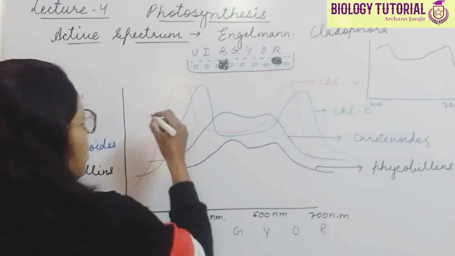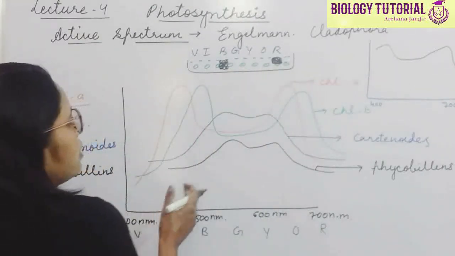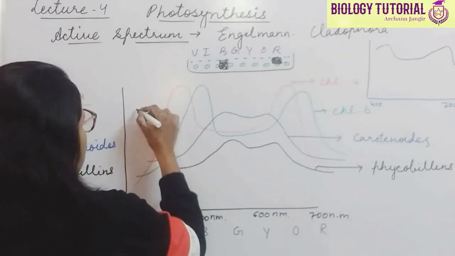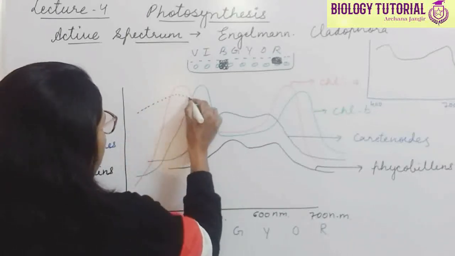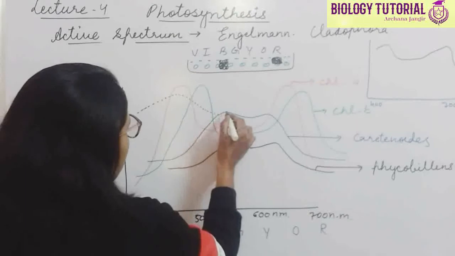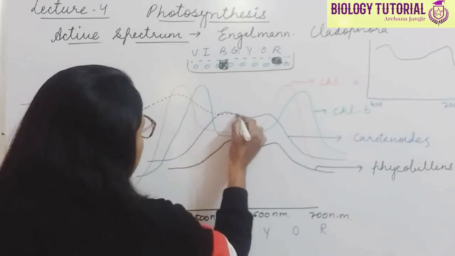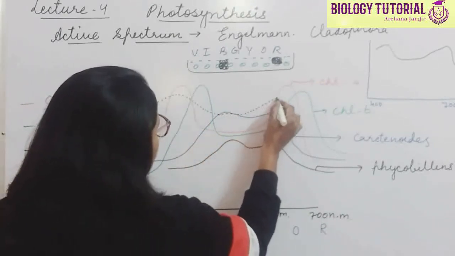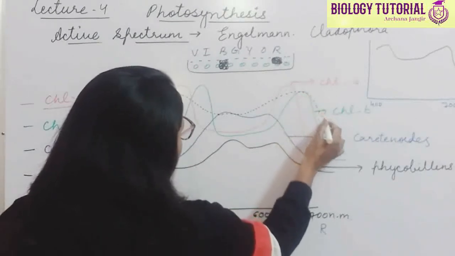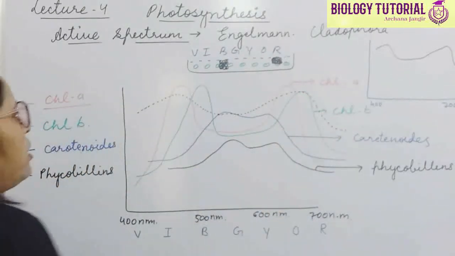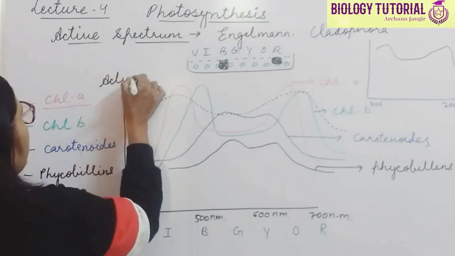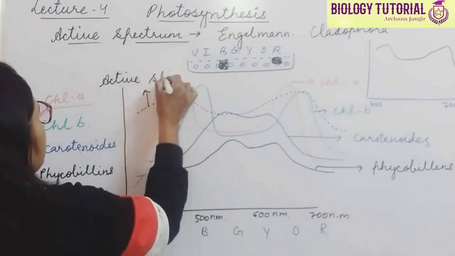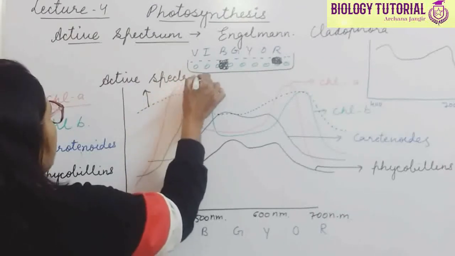I am superimposing that graph here. So this is the peak which is obtained. This dotted line has one peak at 500 nanometer and another peak at 700 nanometer. This black dotted line represents the active spectrum.